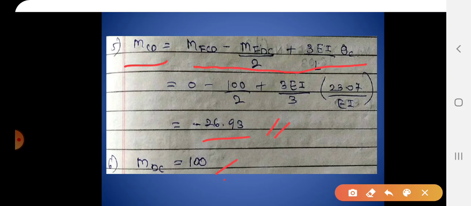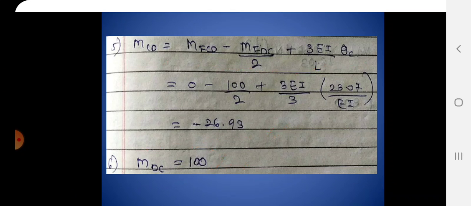Then MDC: in the slope deflection equation MDC would be 0, but here an external moment is applied at point D. Therefore MDC is equal to 100, which is the magnitude of the applied moment.